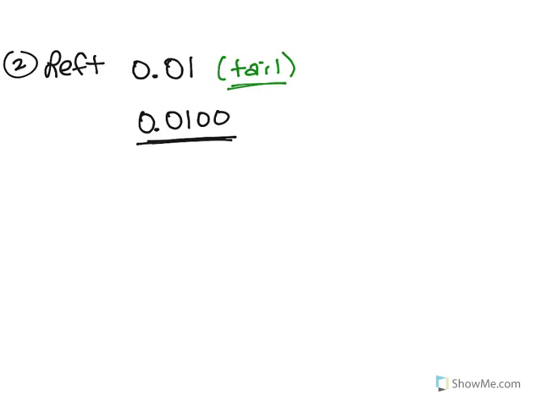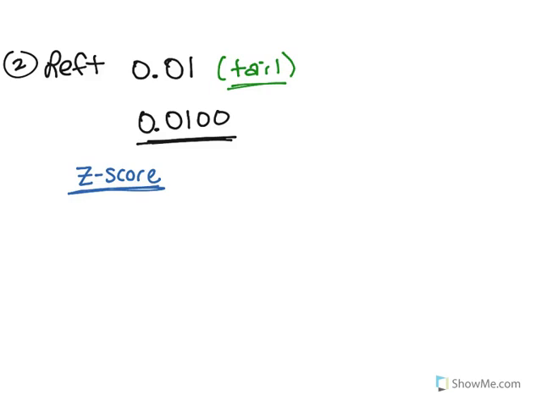We look down the tail column, and this time I'll give you a couple of seconds to glance. When you look down the tail column, you do not see that number directly.